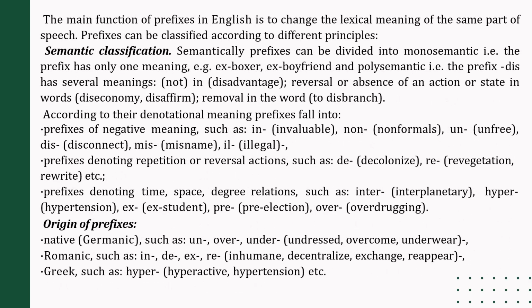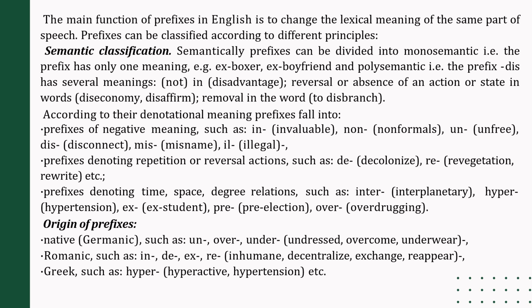The main function of prefixes in English is to change the lexical meaning of the same part of speech. Prefixes can be classified according to different principles. Semantic classification. Semantically, prefixes can be divided into monosemantic, that is, the prefix has only one meaning, and polysemantic. The prefix dis, for example, has several meanings.